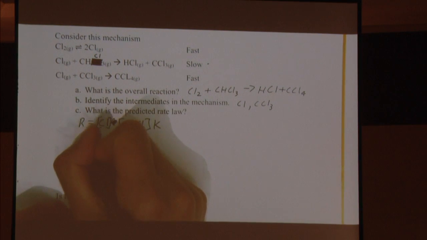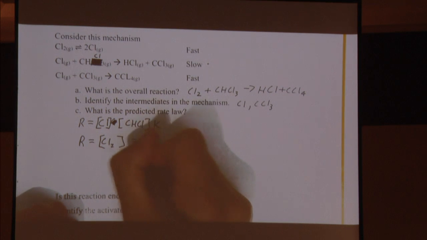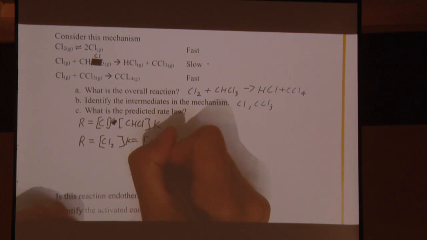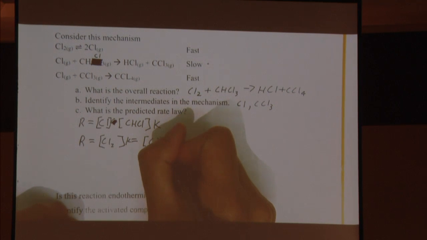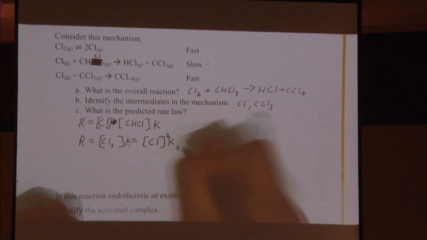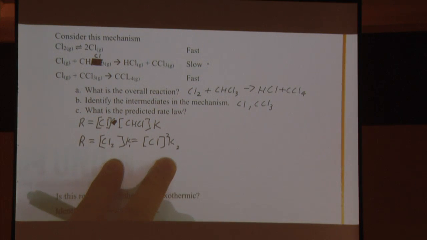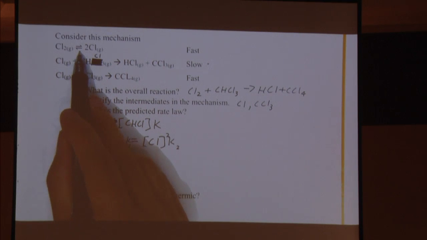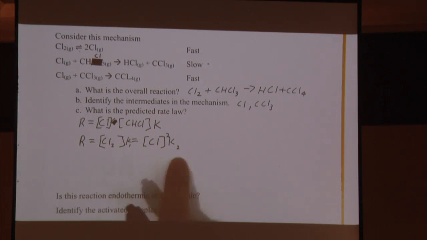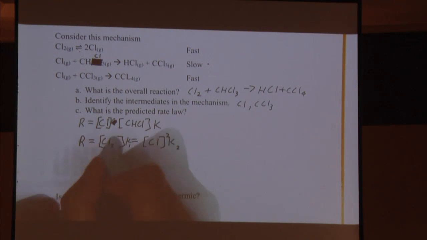So we can see that the rate of the forwards reaction is equal to the rate of the reverse reaction because of this equilibrium arrow here. So we write these two equations, and then we can solve for the concentration of our chlorine.